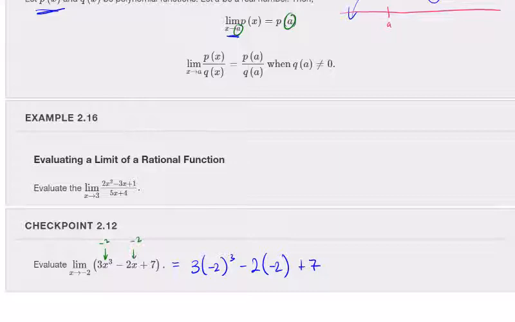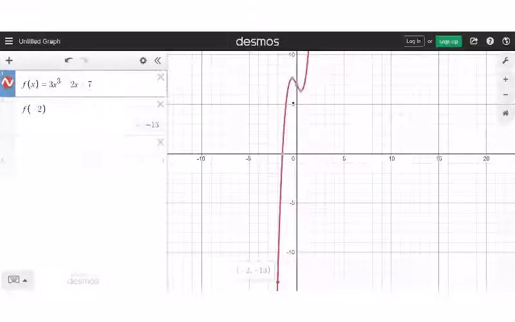I can plug this in my calculator, do some mental math, or work it out on paper, but make sure you use order of operations. And so we'll end up with -24 plus 4 plus 7, and that'll end up being -13 as far as I can tell.